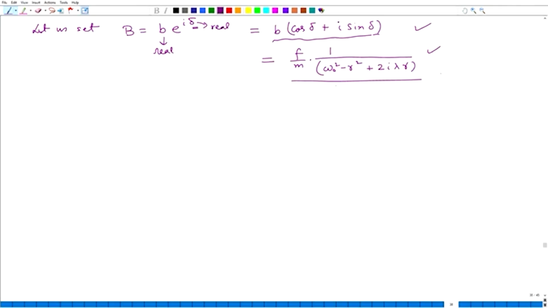The most common thing we do, we write this like this: omega 0 square minus gamma square minus 2i lambda gamma, and I just multiply the denominator and the numerator by the complex conjugate of this thing, so that the denominator becomes real. So what will be this?